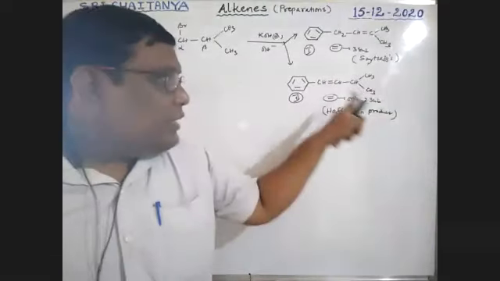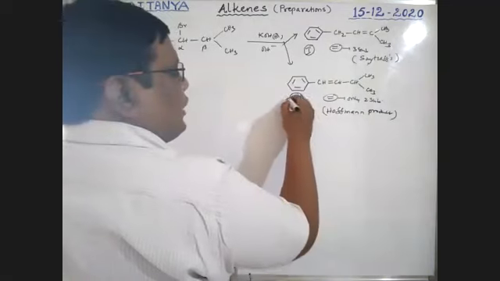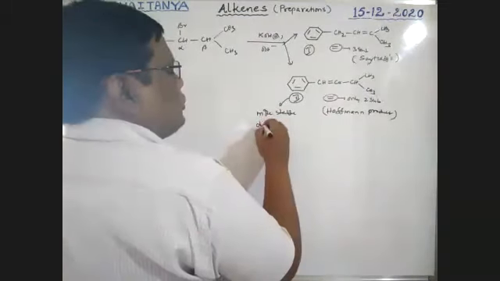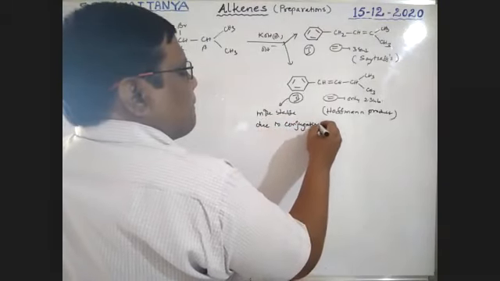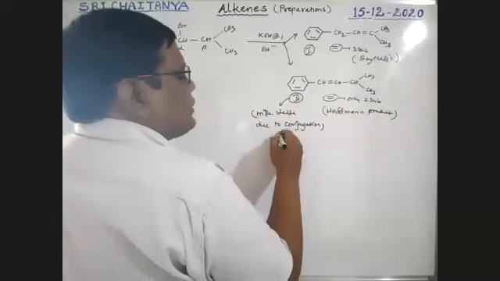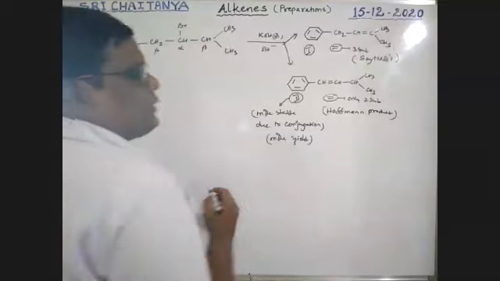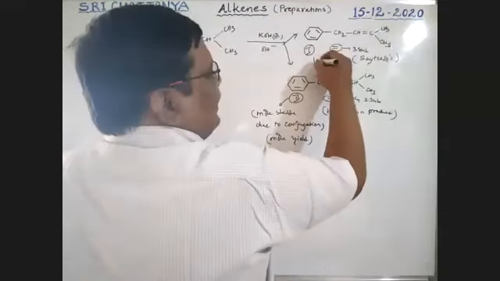Therefore, this product is more stable due to resonance and conjugation. Therefore, it has more yield, and the other has less yield.